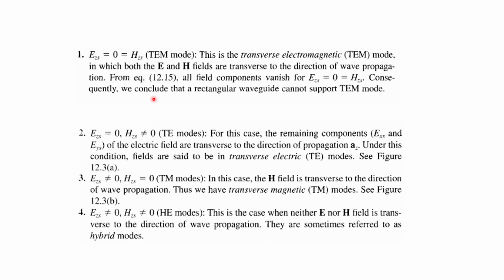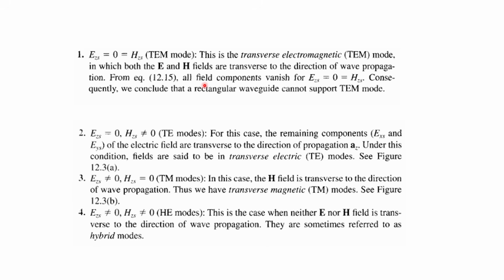Now, what are the different modes of propagation? So, if Ez and Hz both are zero in the Z direction, that is, the components of Ez and the components of Hz are equal to 0 in the wave propagation direction, then this is called the transverse electromagnetic, that is TEM mode.